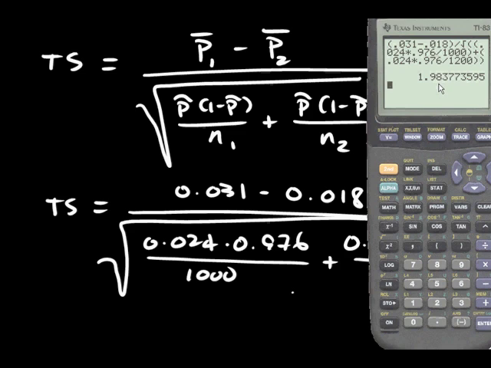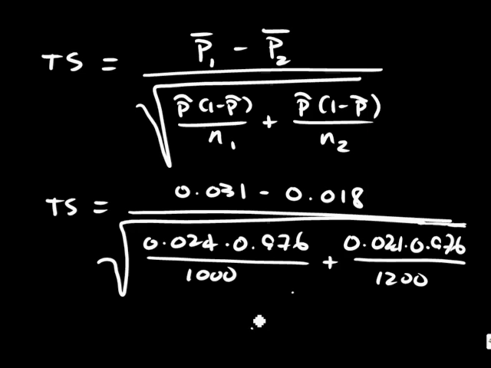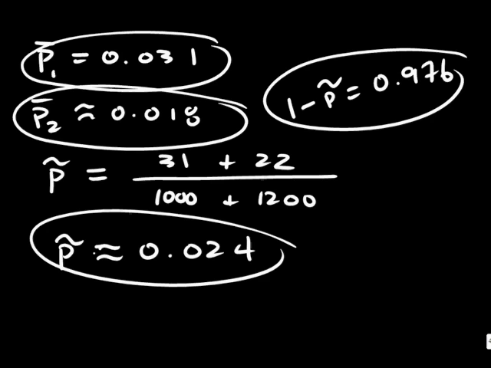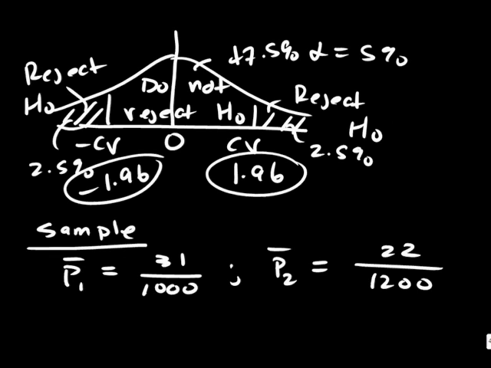Let's see where this lives on the decision rule. It's 1.98, which is to the right of 0.